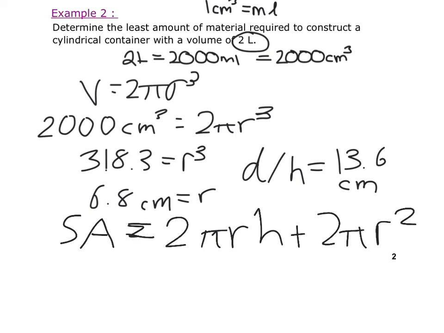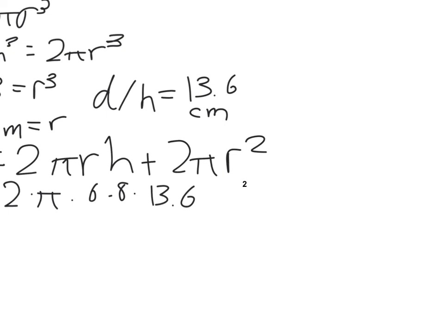And then you just do 2 times pi times 6.8 times 13.6 plus 2 times pi times 6.8 squared. And then you just plug in all those values.